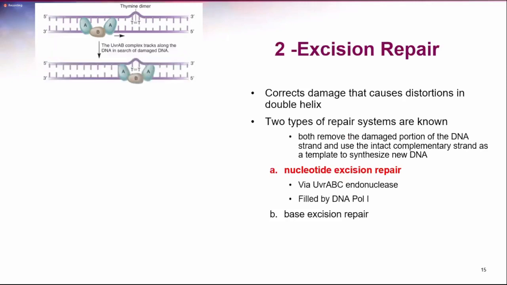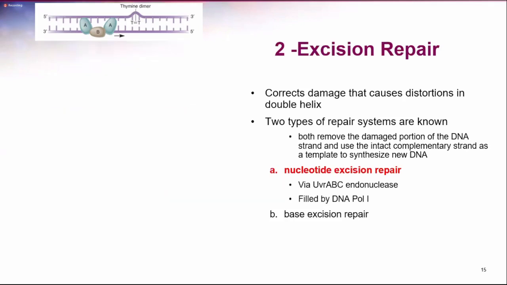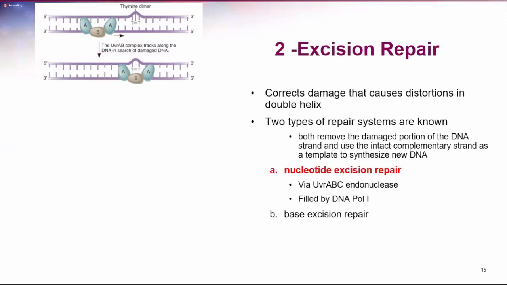The second mechanism of repair is what we refer to as excision repair. And there are sort of two types here. The changes are really, again, at a smaller level, and they're named differently because you have different enzymes carrying out these reactions. So in nucleotide excision repair, you have a system of endonucleases called UvrABC.